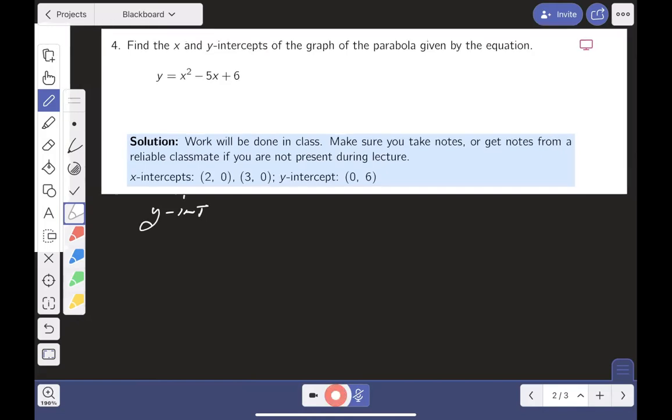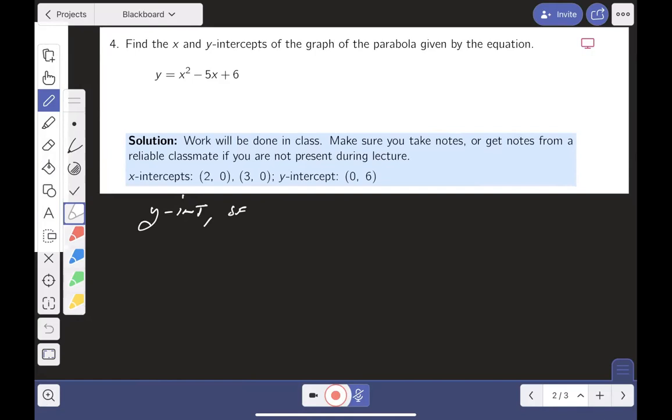Set X equal to 0. If you do that, you would get a point 0, 6. There's my Y-intercept. Okay, let's talk about X-intercepts. How do you do that? Set Y equal to 0. Well, let's do that.